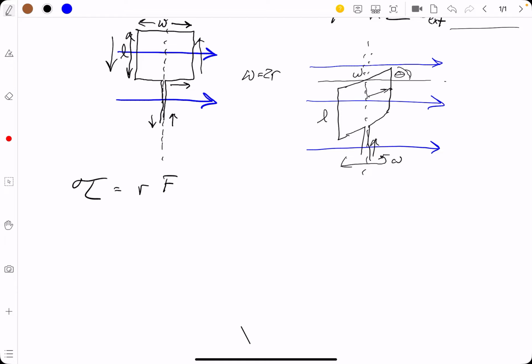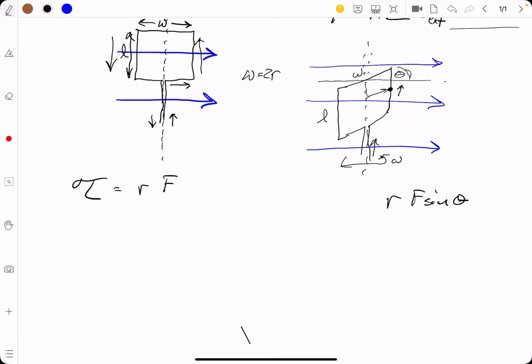So we've generated some force on this point, and that force is like this. So our torque is RF sine theta. All right, it's only RF when it's maxed out, right? Because the sine theta is 1 at that point.